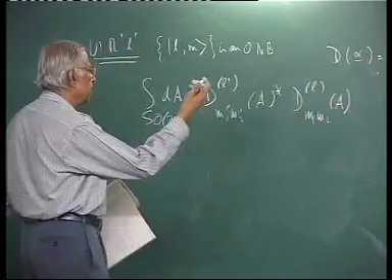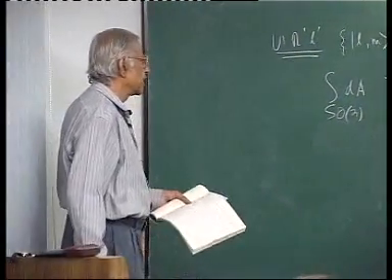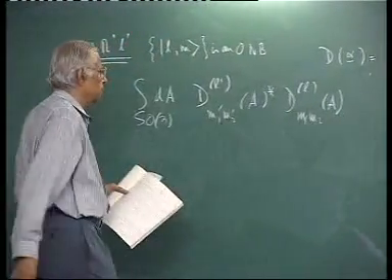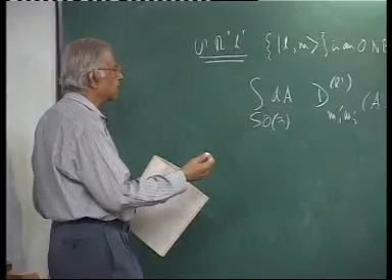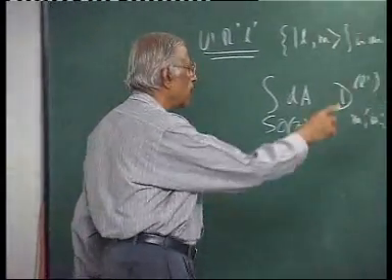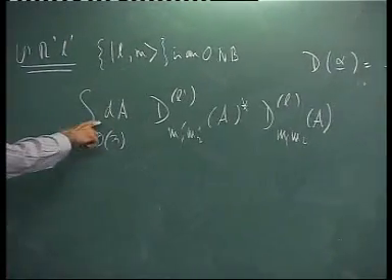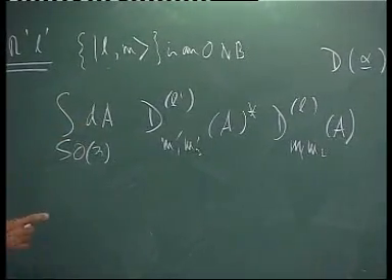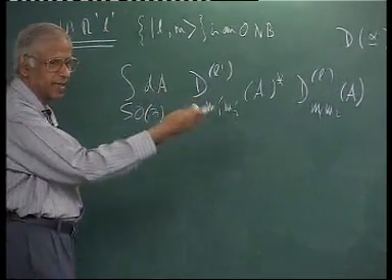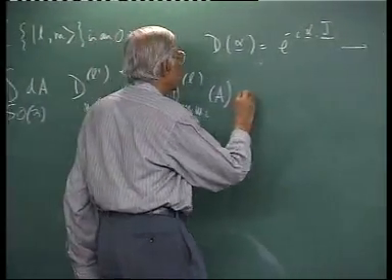Take any irreducible representation L, any row, any column in that representation. Take any other representation L prime, any row, any column in that representation. Put a star on one of them, integrate over the group with the invariant normalized volume element, which I wrote down yesterday in 3 different forms.